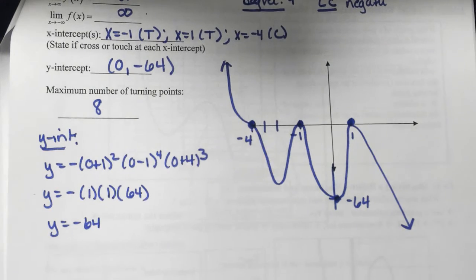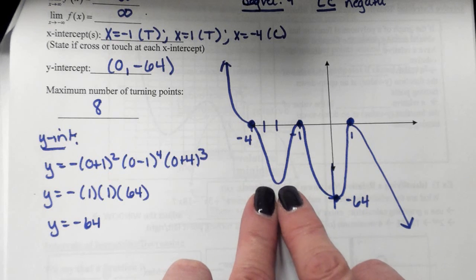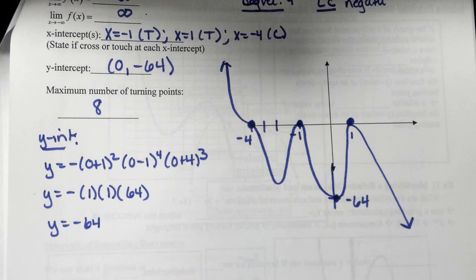So that's what the sketch of this graph is going to look like. Again, the variations in our graph will occur as to what's happening between -4 and -1. All right? So any questions on sketching the polynomial functions? Okay. All right.